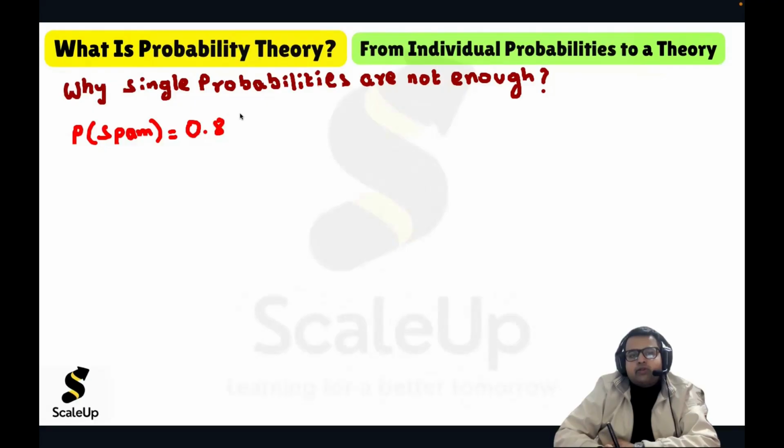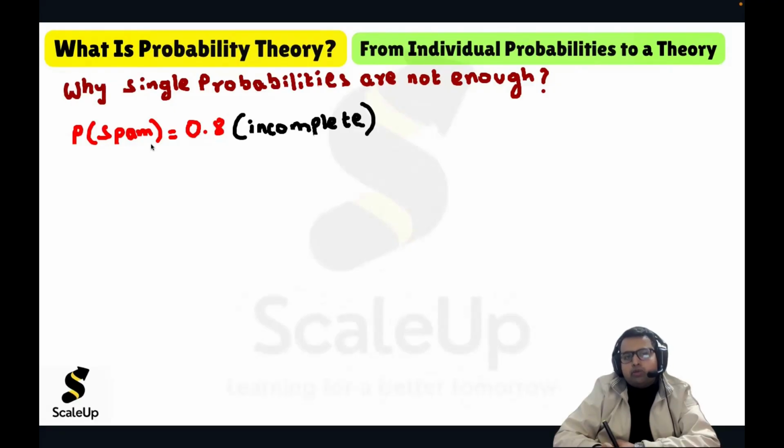Why is it incomplete? When we calculate the probability, we have to consider many other factors which we haven't considered in deciding whether the given email is spam or not. Many factors play a role, and because we haven't considered them, whatever probability value is assigned is incomplete and not totally correct.